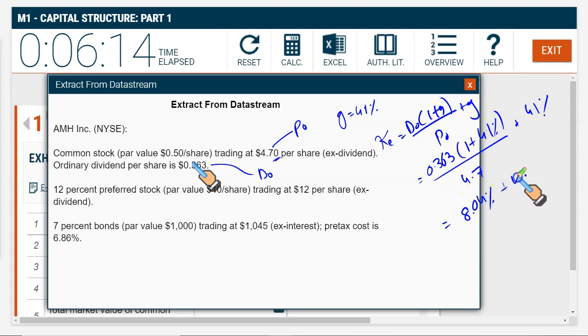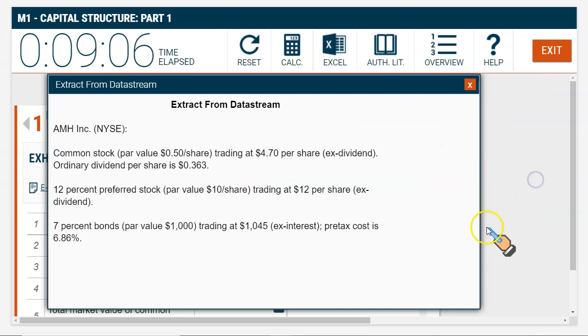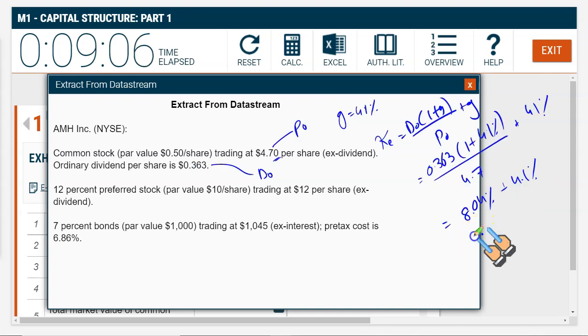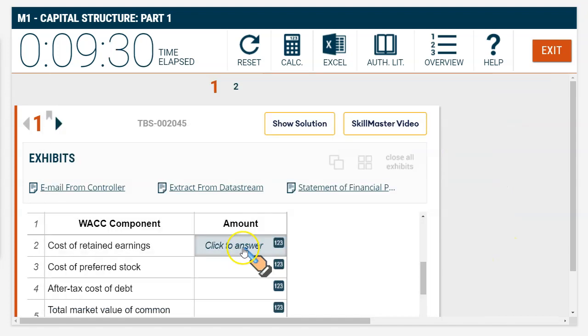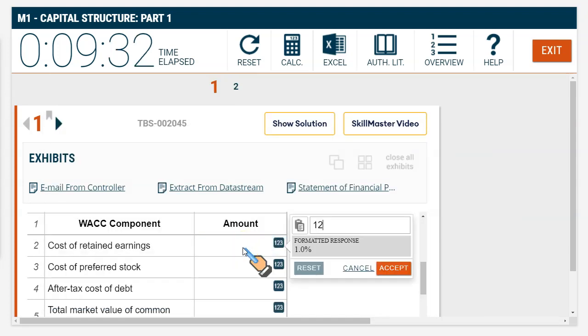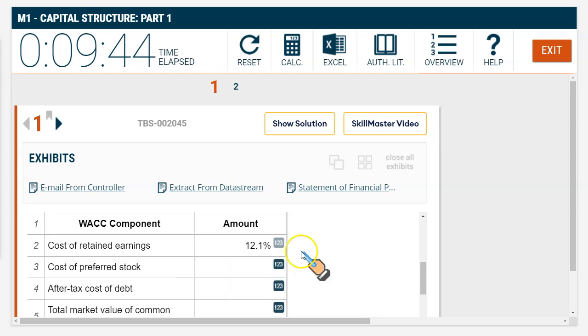To this we add 4.1%. So your final answer is going to be 8 plus 4, 12.14. So that's the answer to your first question. 12.14, so we're just going to write 12.1 because the question explicitly required one place after the decimal, and here we go.